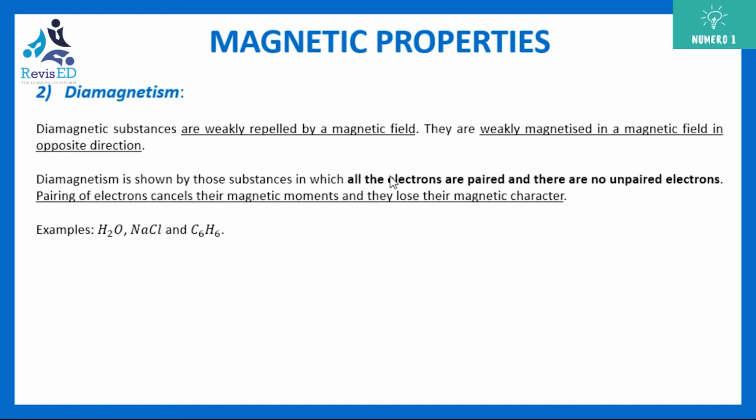So here we see that the pairing of electrons cancels their magnetic moment, and they lose their magnetic character. Examples are H2O, NaCl, C6H6. So these are weakly repelled, whereas paramagnetic were weakly attracted. So these are the two types.